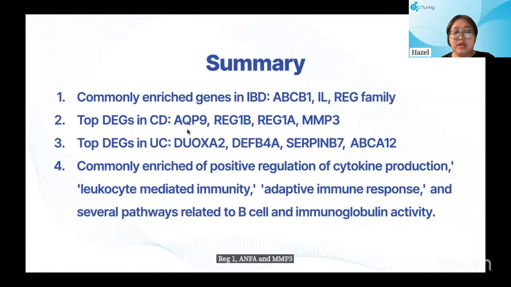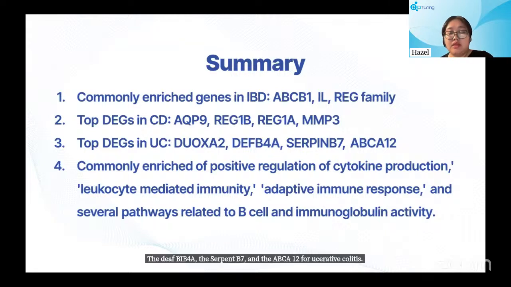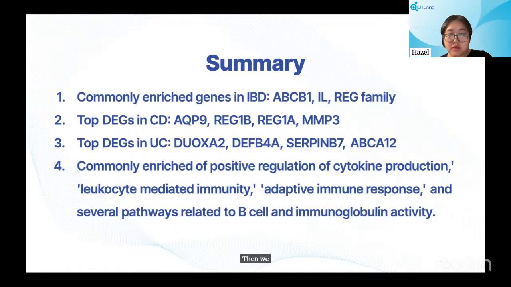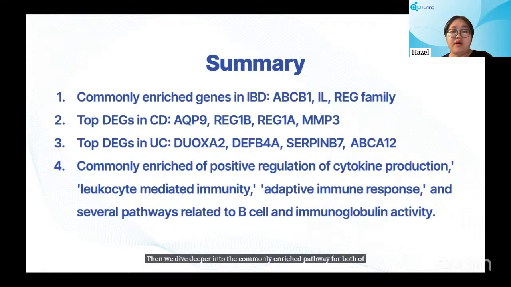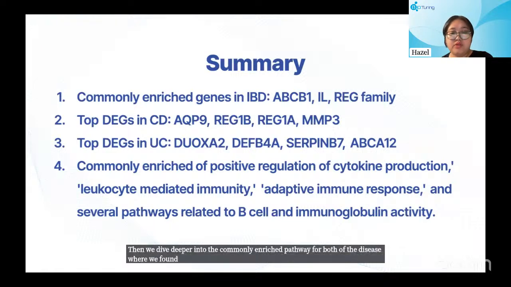For ulcerative colitis we got DOXA2, DEFA4A, Serpin B7, and ABCA12. Then we dove deeper into the commonly enriched pathways for both diseases, where we found positive regulation of cytokine production, leukocyte-mediated immunity, adaptive immune response, and several other pathways related to B cell and immunoglobulin activity.